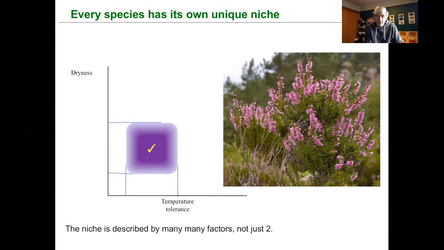So for plants, its niche will include, let's take these two to start with, temperature tolerance and dryness, but it will also include soil chemistry, air chemistry, altitude, presence of pollinators, presence of different herbivores, a whole bunch of different components for a species niche. We're just focusing on these two because it's easy to graph. It's very difficult to graph things. Where you can graph things in 3D, it is possible. In 4D, it's not really possible at all.